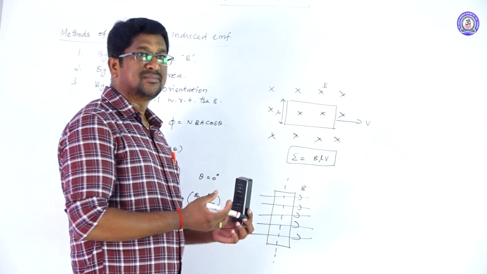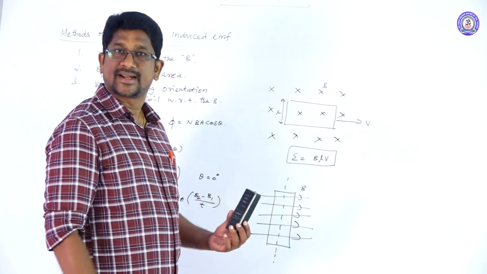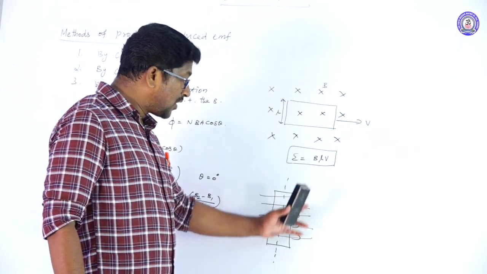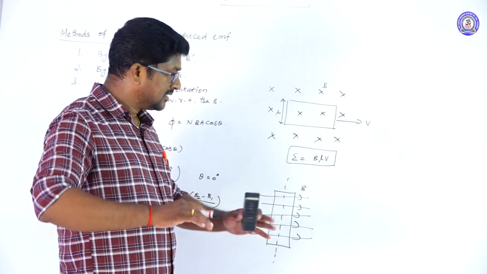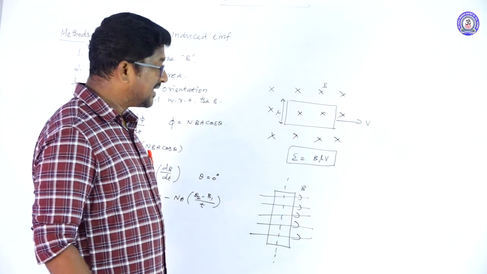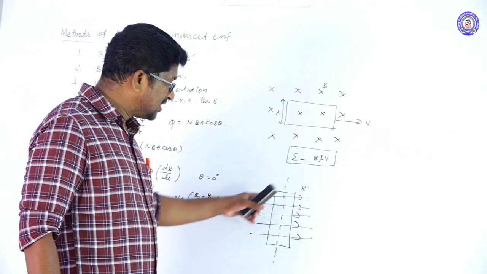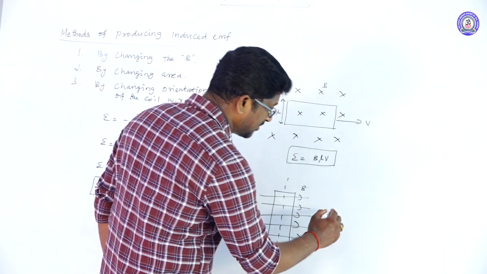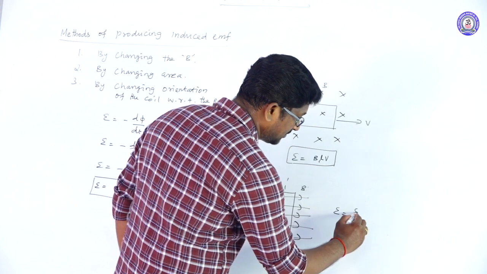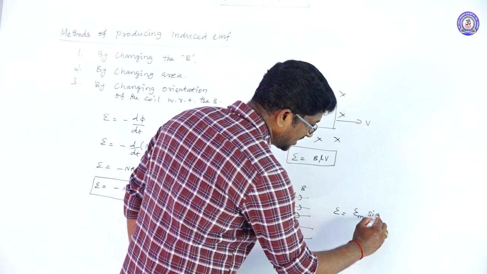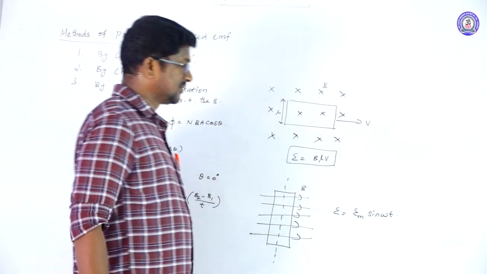So due to the change in magnetic flux, an EMF is induced in the rectangular coil. The magnitude of EMF induced in the rectangular coil at every instant changes. At any instant, the magnitude of induced EMF produced in the rectangular coil is given by E is equal to Em into sin omega t.